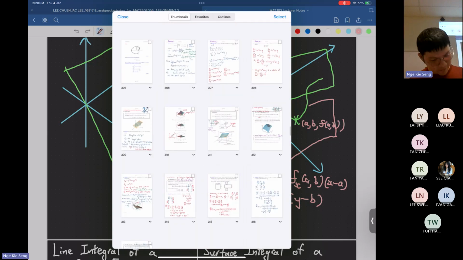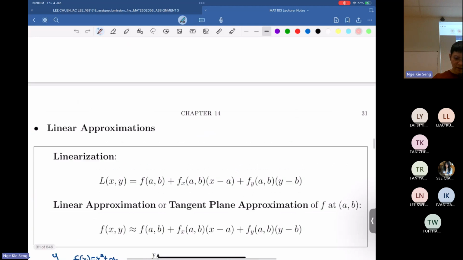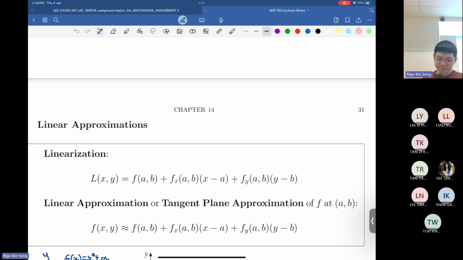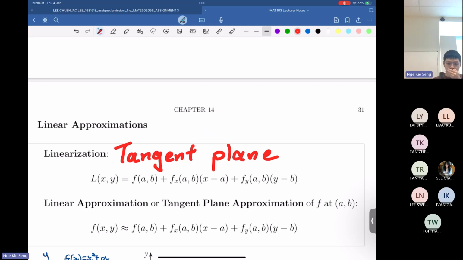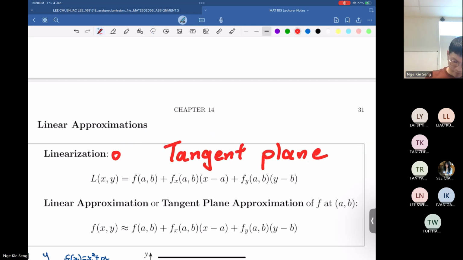Okay, so I think you are referring to these two words in the text. Linearization, by definition, is just the tangent plane we talk about. So this is a linearization of f, which is the tangent plane.